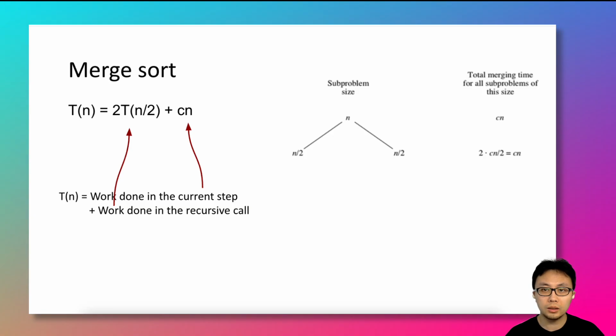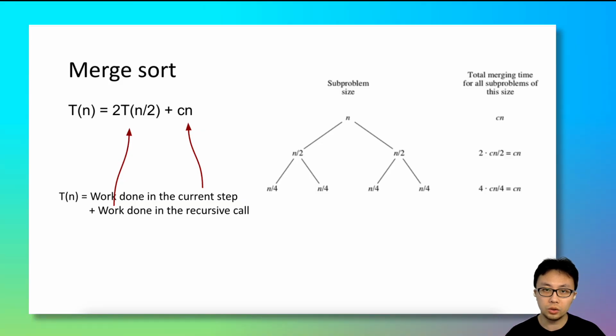Each of those arrays will be of size n divided by 4. The merging for those arrays will be c multiplied by n divided by 4. Since there are 4 of them, you will need to add them up to derive the total time it will take to solve the work at this step. In the end, it will have another c multiplied by n time in the right column.